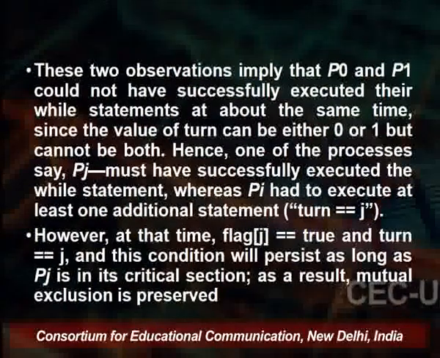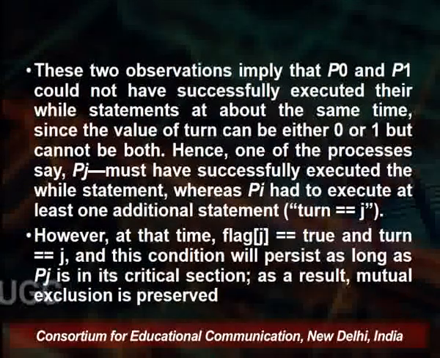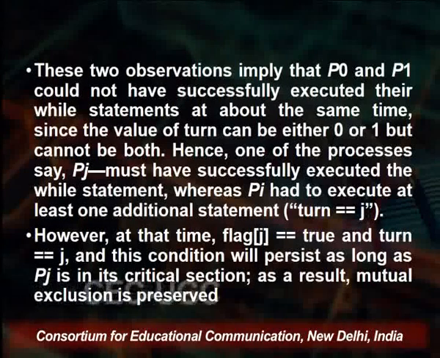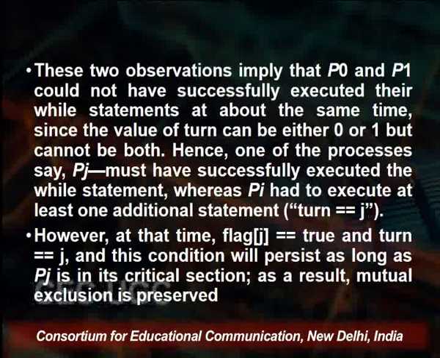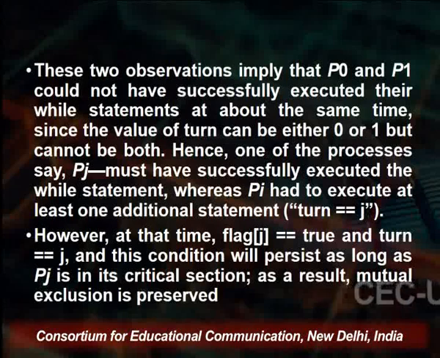Why? Because the value of turn can either be 0 or 1. The value of turn cannot be both, because we have just seen that the value of the variable turn will be overwritten. So one of the processes, say Pj, must have successfully executed the while statement, whereas Pi had to execute at least one additional statement, that is, assign the value j to turn, so that j can start its execution.